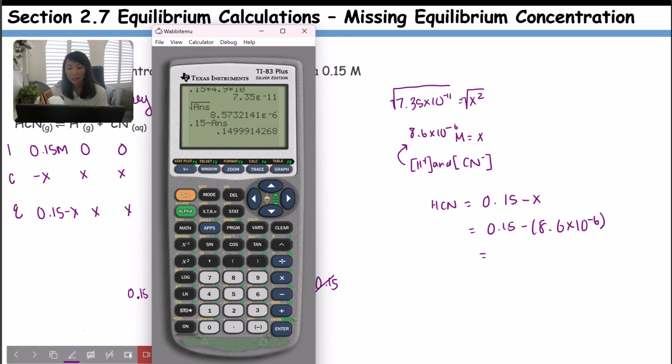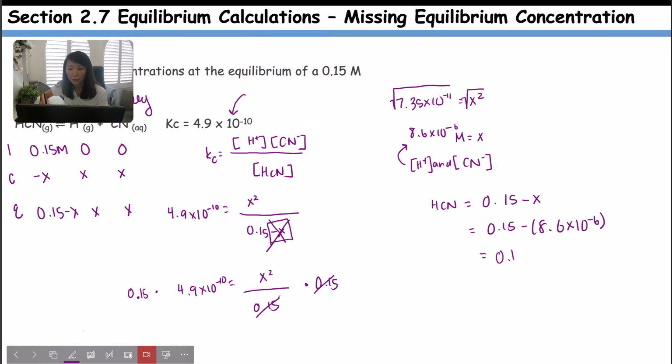So really, there was barely any change, right? It's a very, very small value. So if I were to round this off, it's actually 0.15 just as is. So you can now tell that it's a very small amount in order for this HCN to be diminished. Hence why the Kc value is so little, hence why we were able to ignore the negative x.